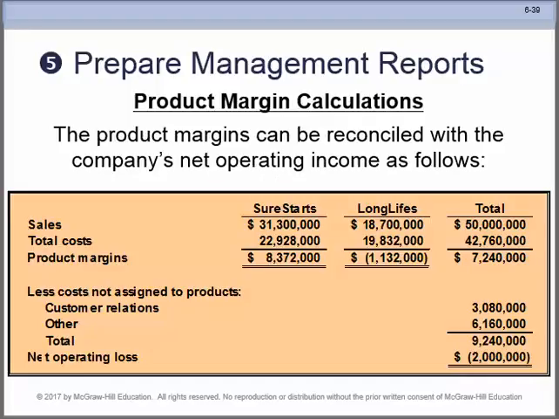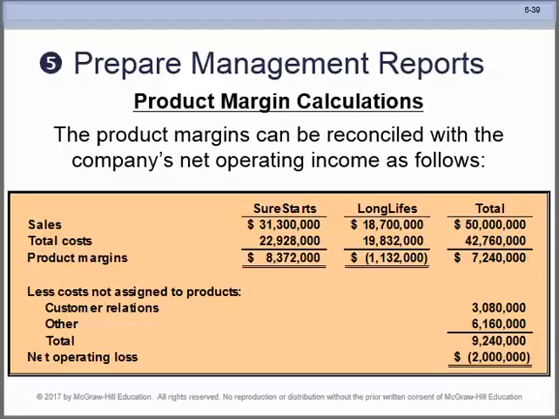Okay, so remember, we talked about segmenting businesses. This is taking that thought another step forward, because remember we said, well, there's a $2 million loss. Why? This helps with the decision making, because we can look and say, okay, the Sure Start has a very strong product margin.